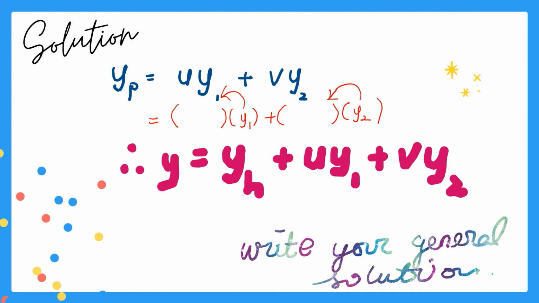Simplify, and you will get the simplest form of your yp. Then plug into your solution: y equals yh plus yp, where yp is given by u y1 plus v y2. So you need to write down your final general solution. That is the idea of the variation of parameters method.